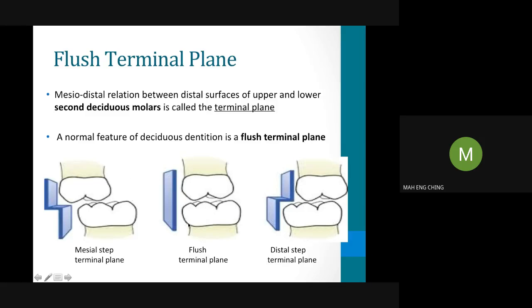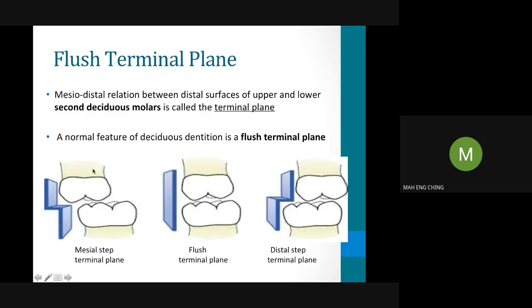So the flush terminal, when the molar moves forward, becomes class 1. Can you see my cursor? Yeah, we can. Okay. The distal step, when the molar moves forward, becomes class 2. The mesial step, when the molar moves forward, becomes class 3.